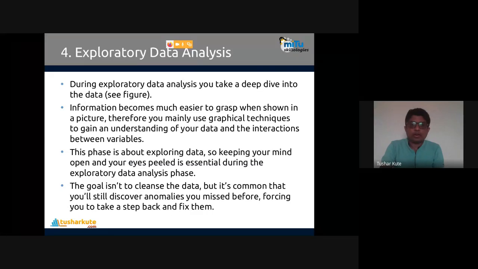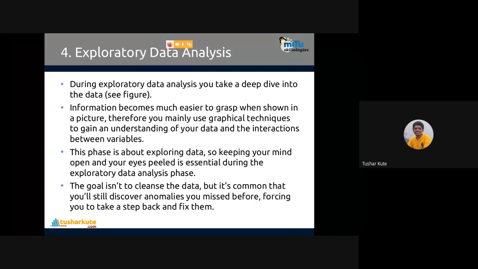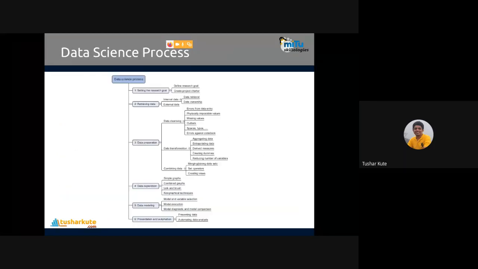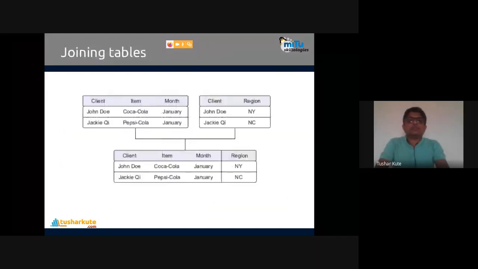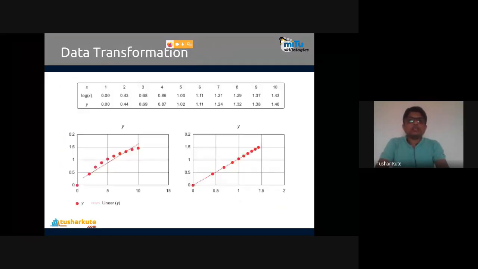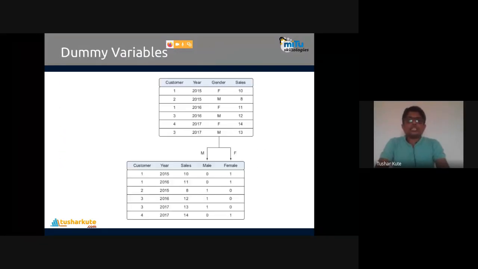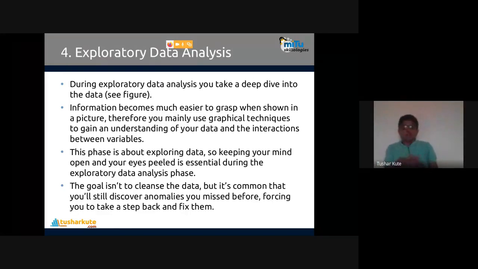The next one is exploratory data analysis. Wait a minute. I think something is remaining. Number of variables. Yeah, let's go for that. Exploratory data analysis is the fourth step that we have to carry out in the data science process. We have to explore the data from all angles.